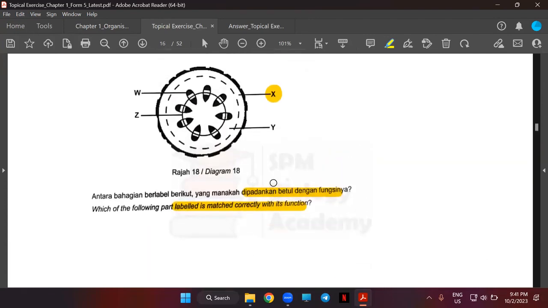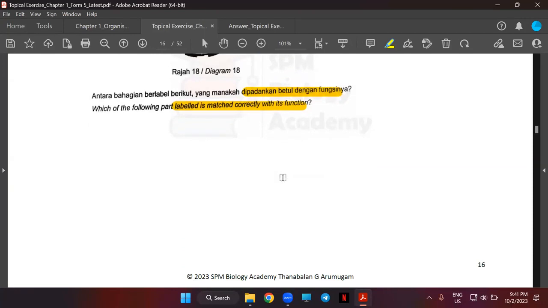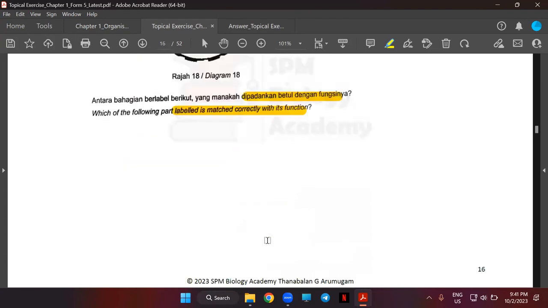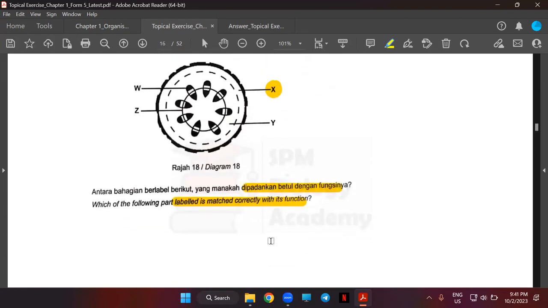Salah. Y ialah cortex. Cortex doesn't divide. Z menghasilkan kayu yang keras dan kuat. Form harder and stronger wood. Ya. Betul tu. Sebab apa?